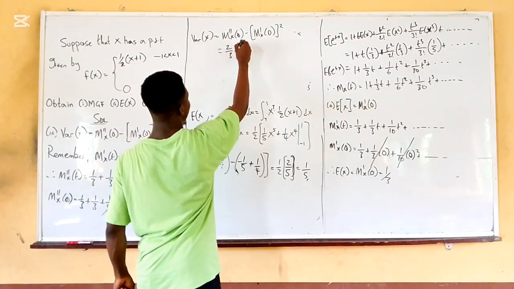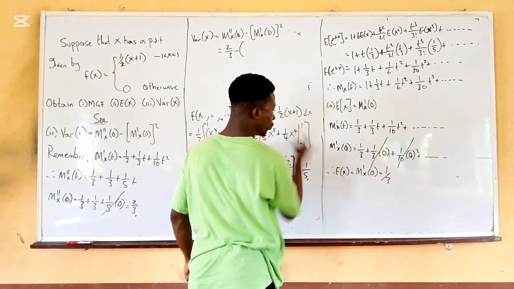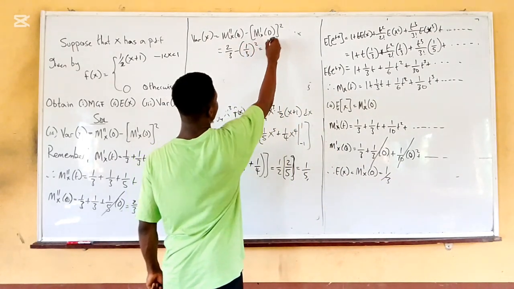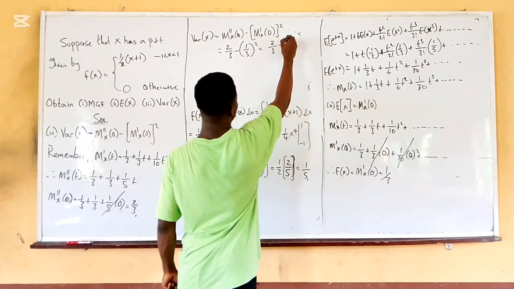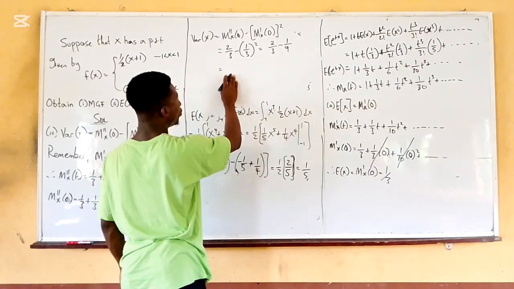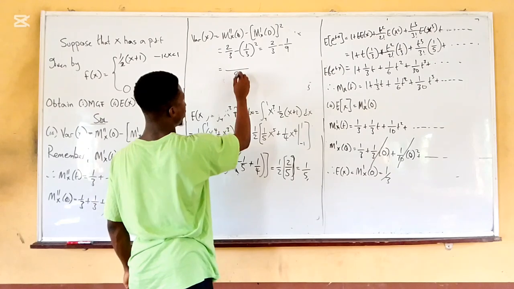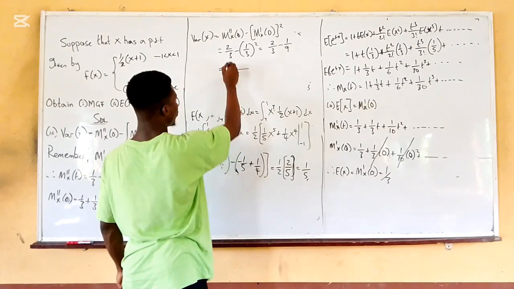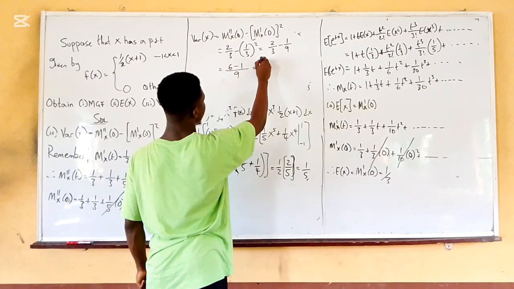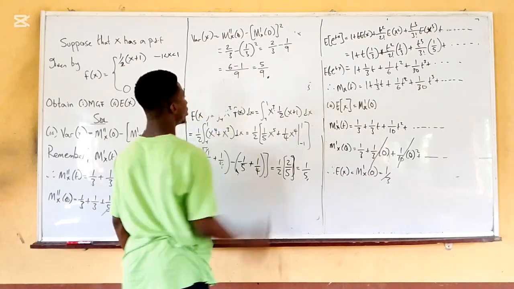That's 2 over 3 minus M prime X of 0, which is 1 over 3, squared. So that is 2 over 3 minus 1 over 9. If you solve that, we have 9 as the denominator, so we have 6 minus 1. I have 5 over 9.